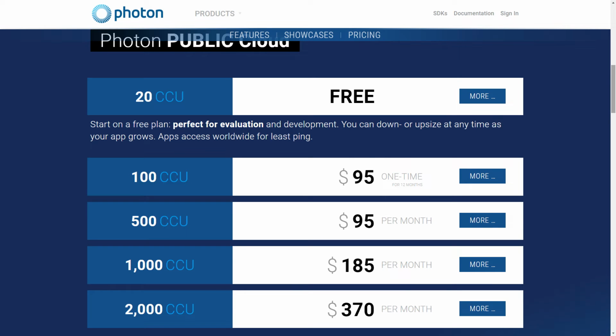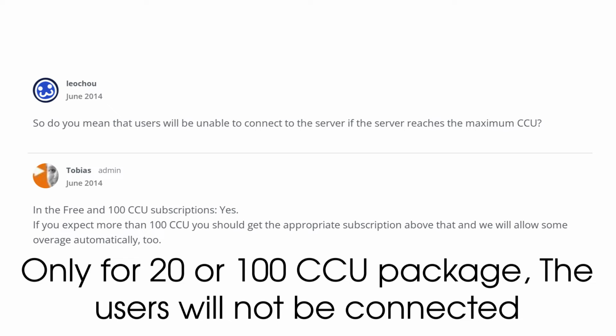So having 20 CCU at Photon is kinda bad. And also one question arose when I was typing the script. What if we exceed the count? And the answer was they will not be connected to the servers, which is a very bad user experience for the players.